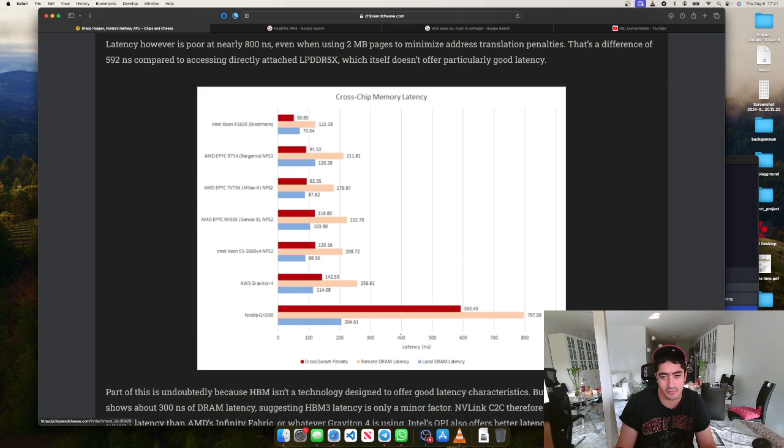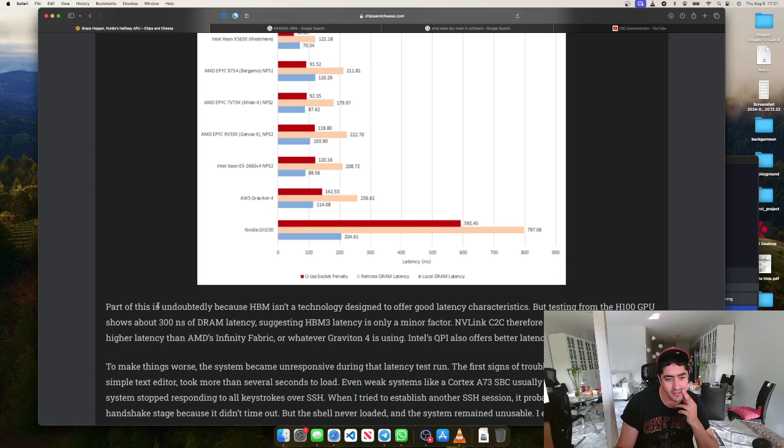Alright, so C2C is probably chip to chip, but cross chip memory latency is cross socket penalty, remote DRAM latency, local DRAM latency, and apparently the latency is higher on Nvidia GH200. Part of this is undoubtedly because HBM is a technology designed to offer good latency characteristics.